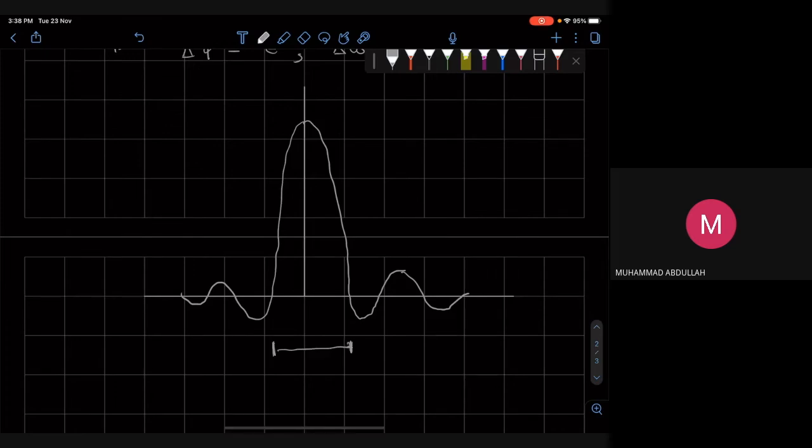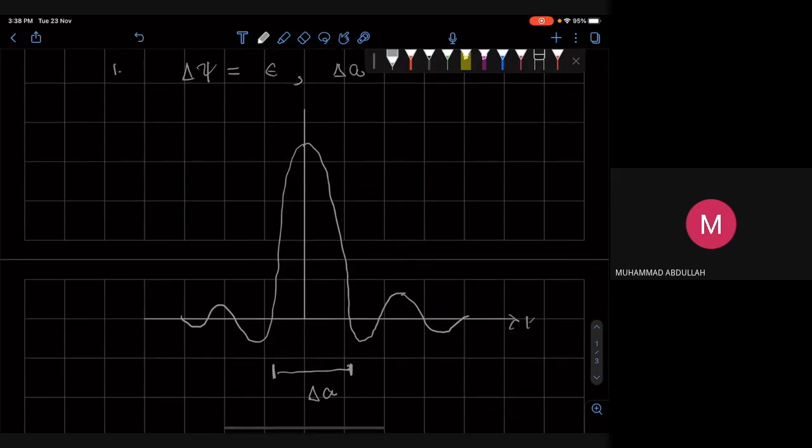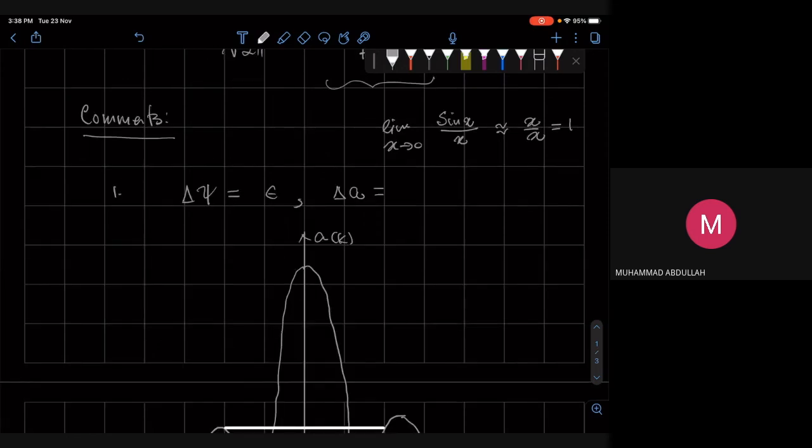Okay, and so we can take a reasonable measure of width, and I choose this to be delta k, that is the distance between the first zeros of this function above the origin. And that, if you calculate, it's 4 pi by epsilon. So this shows that the product of the widths of the top hat function and the sinc function is 4 pi.